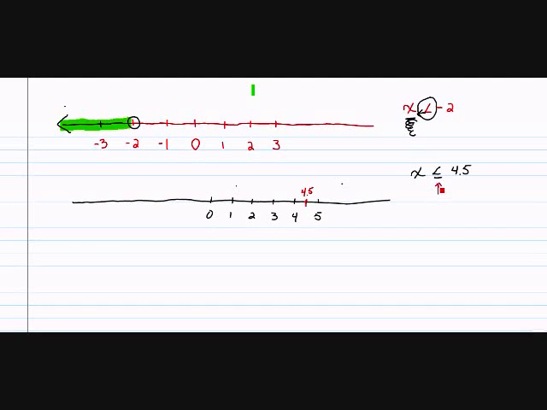See this little line underneath? That means I need to color in my dot because 4.5 can be included. And all my numbers, I don't know what numbers they are going to be, but less than 4.5. So I can get my highlighter. I'm going to highlight all numbers as straight as I can. You guys probably have rulers. I don't. Less than 4.5 or equal to 4.5.